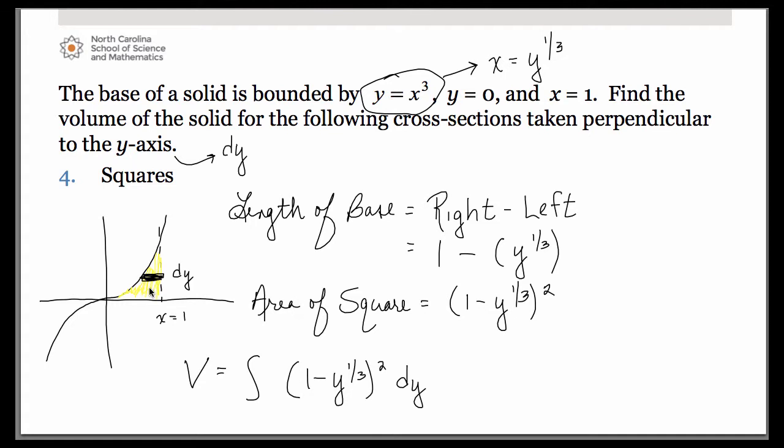Now our limits of integration though now have to be y values. So the lower limit is 0, upper limit is 1. So you can either evaluate that by hand by finding the antiderivative or go ahead and do it on your calculator. You should get that it's 0.1. It rounds to 0.1, I know.